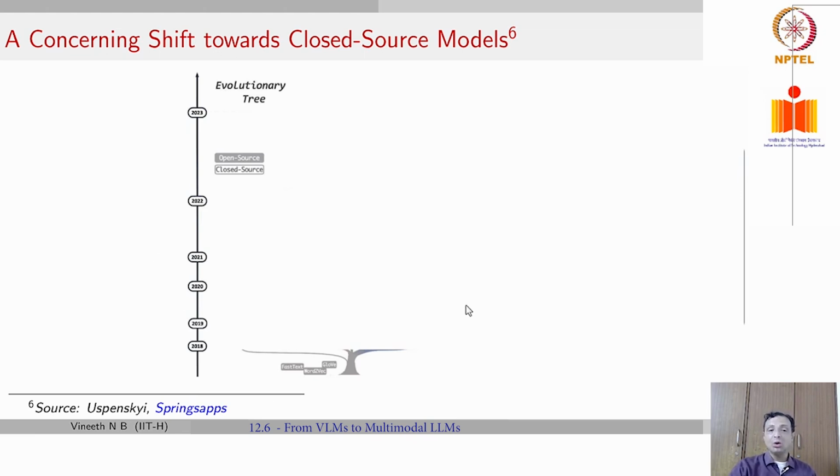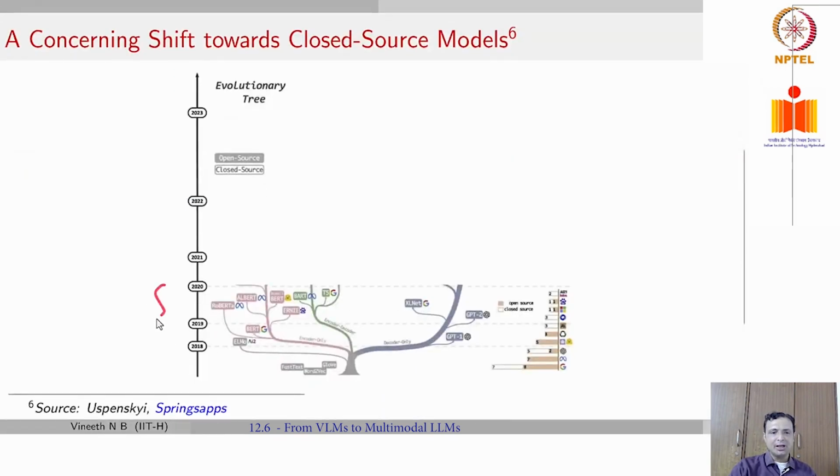If one looked at how these foundation models have evolved over the last few years, these shaded boxes are open source models, while the non-shaded boxes are closed source models. Initially, from 2018 to 2020, pretty much all models were open source, as you can see, across different branches of this tree of models.